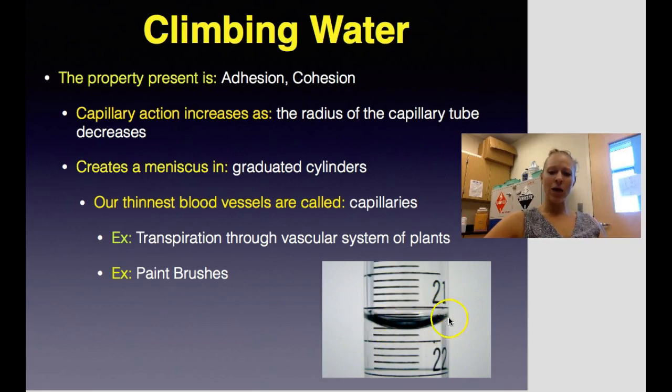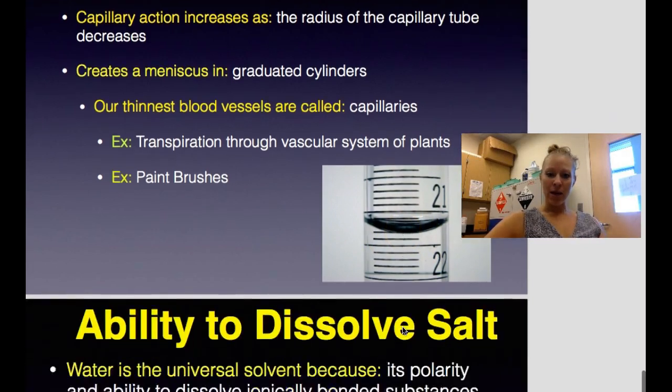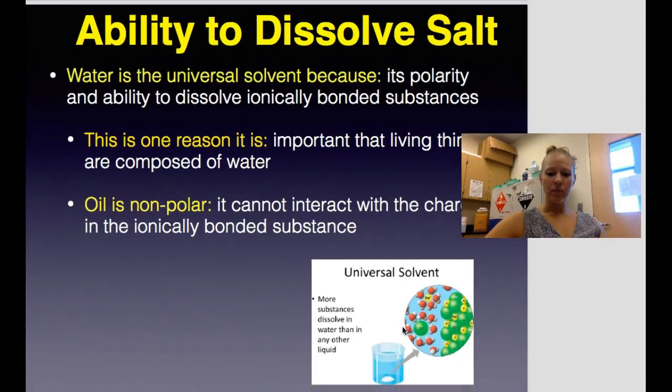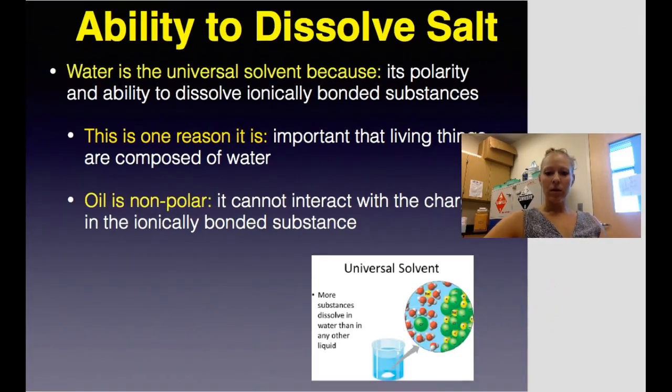The water is attracted to the glass, so the water on the side of the glass climbs up a little bit more. Whenever we read a graduated cylinder, we read right here at the bottom. The thinner the tube, the higher the water will climb, and you should have created a little graph demonstrating that.